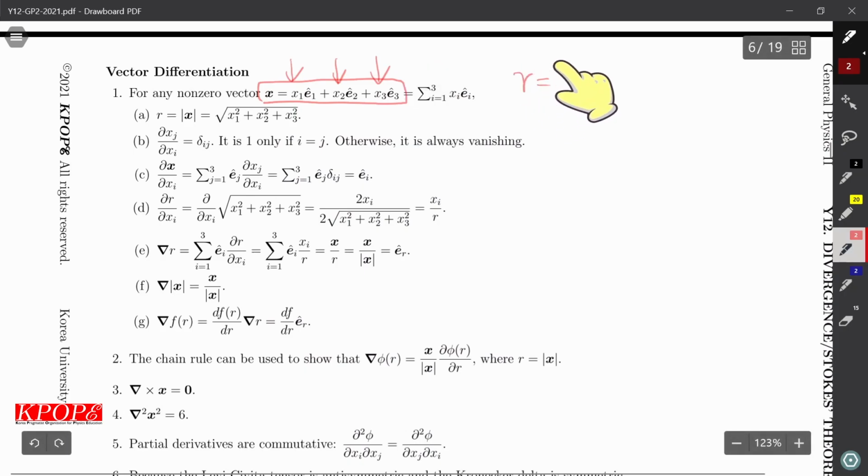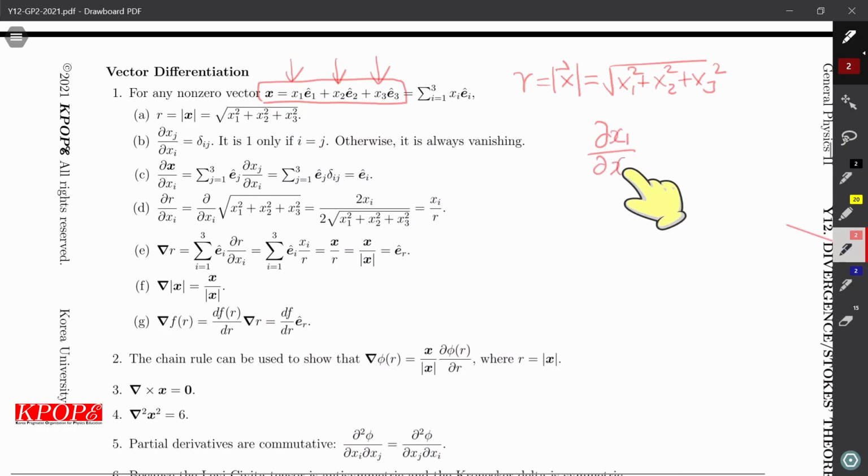The radius r is the magnitude of vector x, that is the square root of x1 squared plus x2 squared plus x3 squared. We find the partial derivative of, for example, x1 with respect to x1. This is 1.